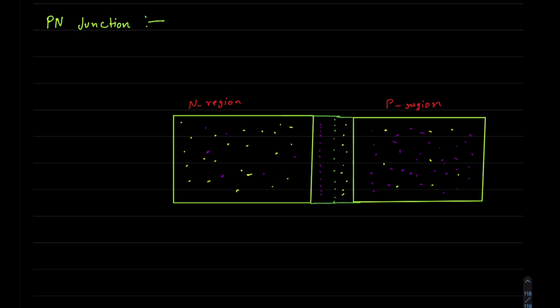The effect of adding this additional energy source is that the free electrons are able to cross the depletion region from one side to the other. So if I add a battery, an additional energy source, and provide some potential across these regions, now these electrons can move from the N region to the P region, right?